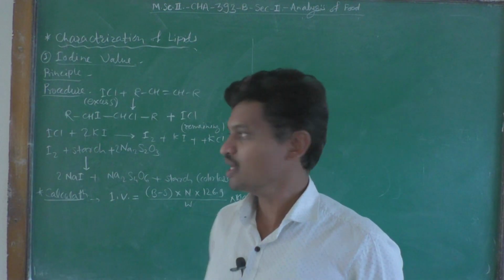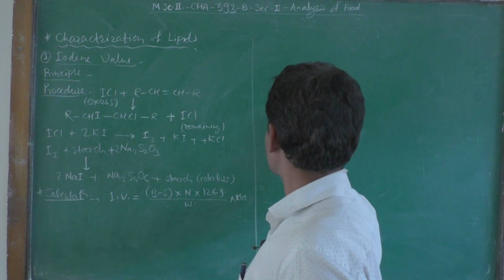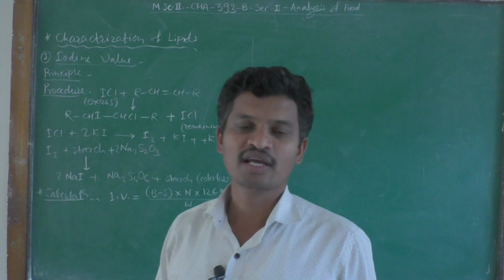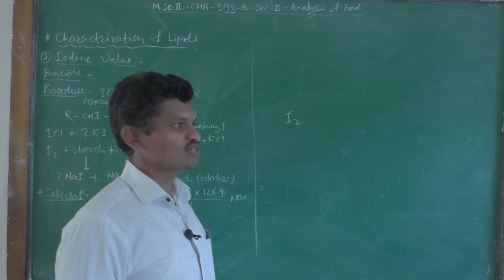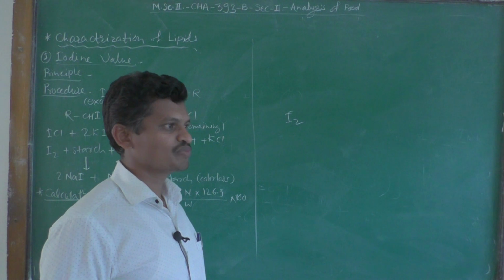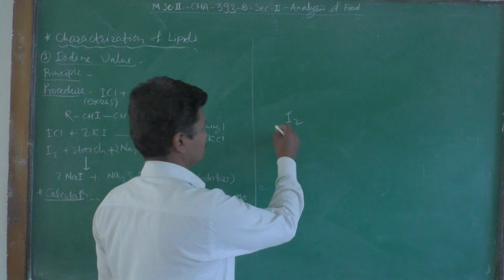So we know that iodine exists as a diatomic molecule I2, and this I2 is very useful for the determination of unsaturation.